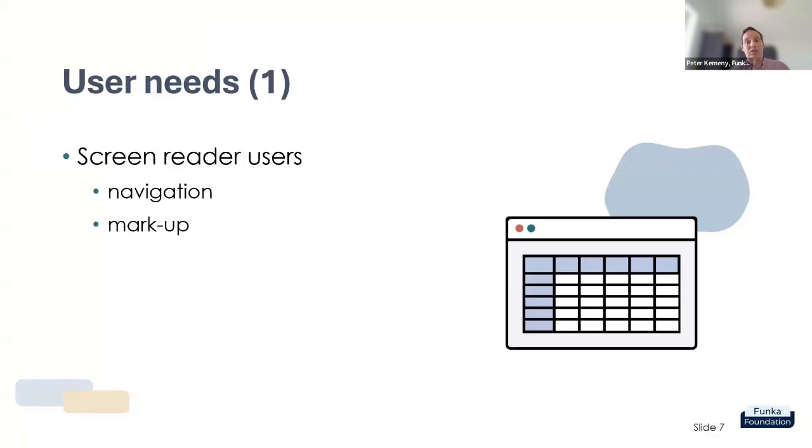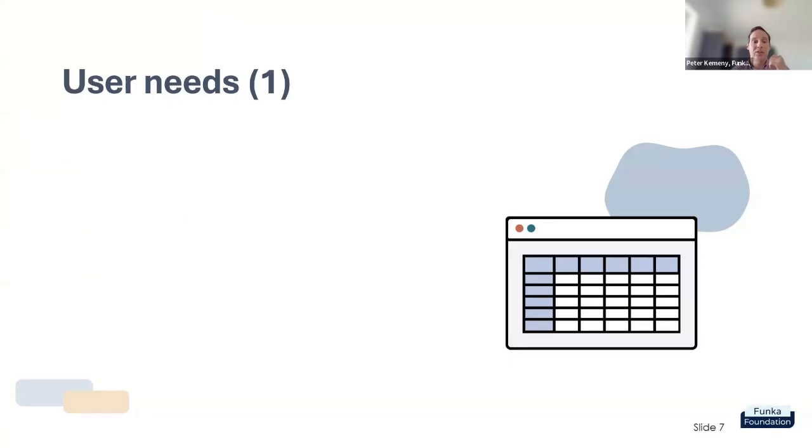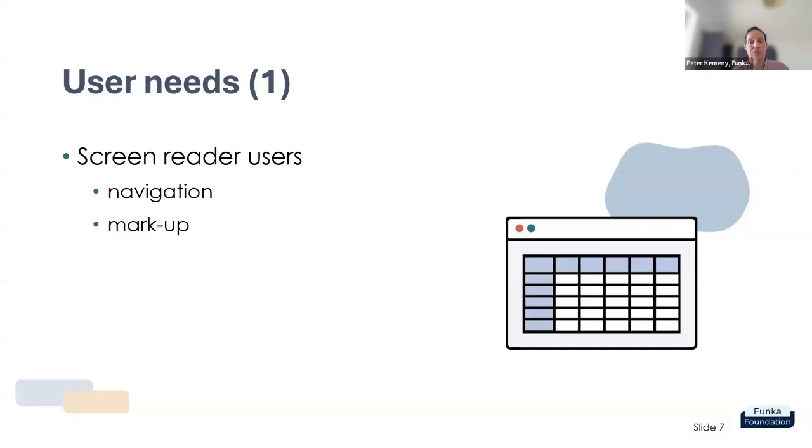Let's first talk about visually impaired users, and among them screen reader users. They need a proper table structure, which means there should be a header row, and possibly a header column as well. That helps to contextualize the data in the table.